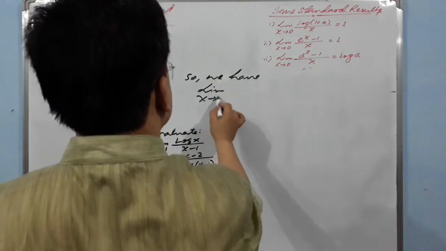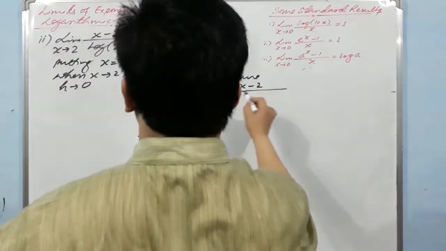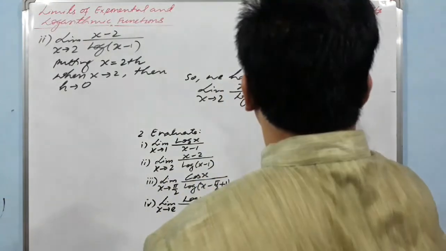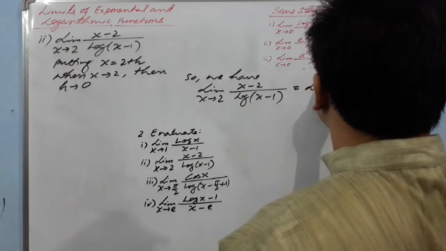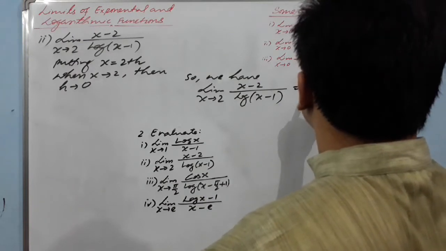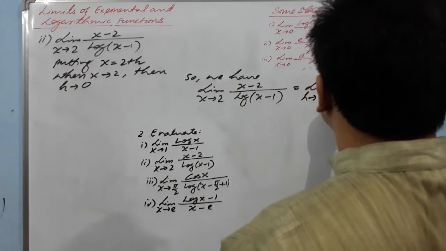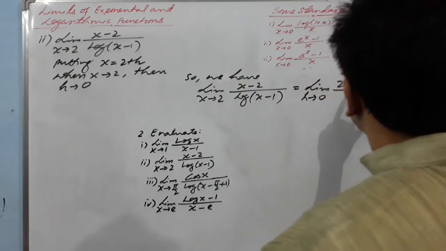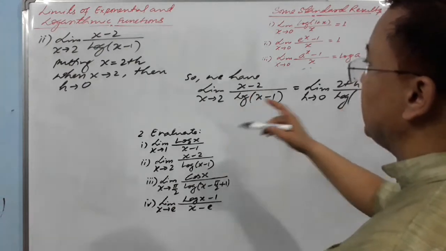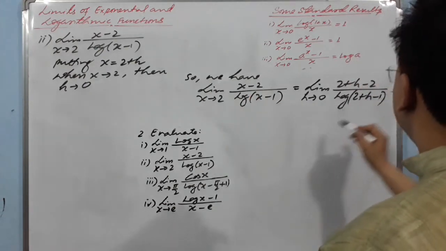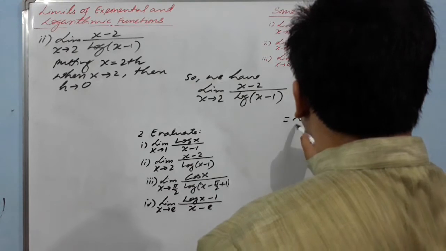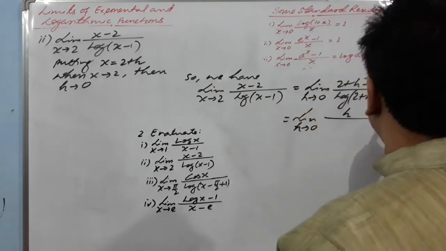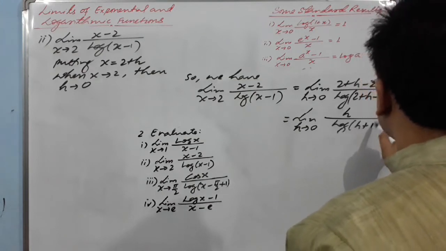So we have limit as x tends to 2 of x minus 2 over log of x minus 1 is equal to limit as h tends to 0, and x is 2 plus h, so 2 plus h minus 2 over log of 2 plus h minus 1, which is equal to limit as h tends to 0 of h over log of h plus 1, cancel.